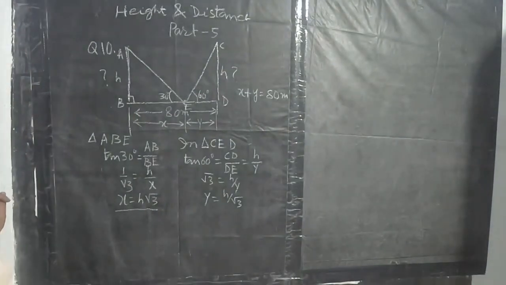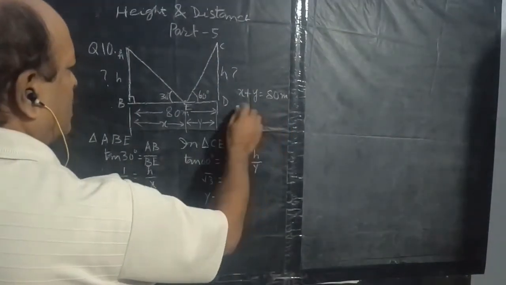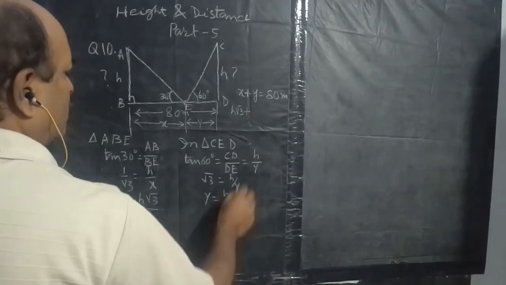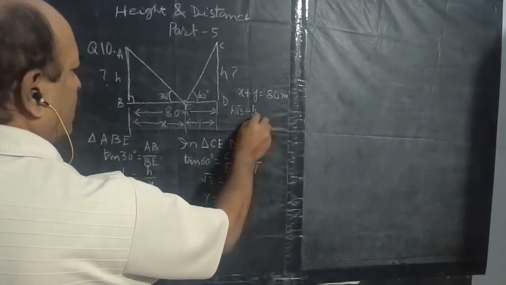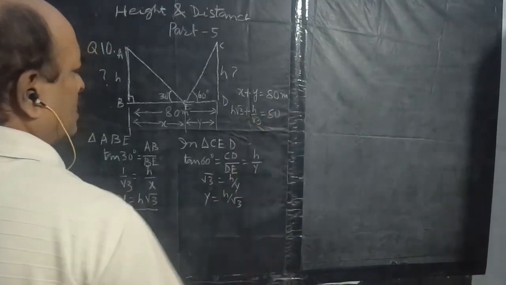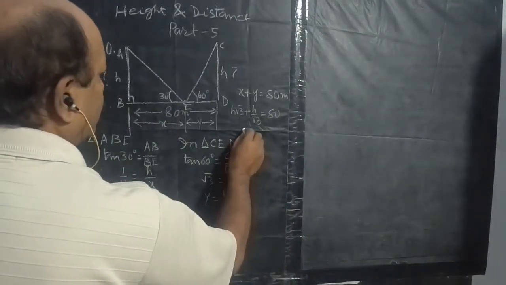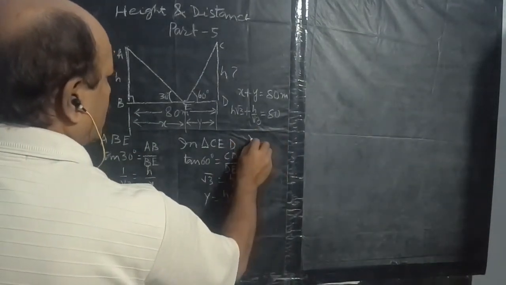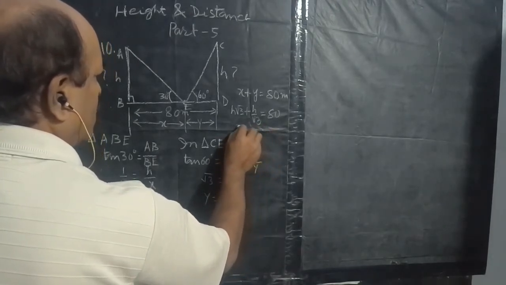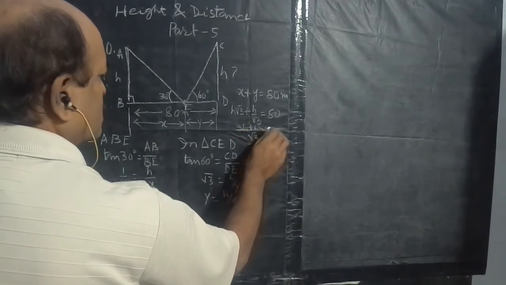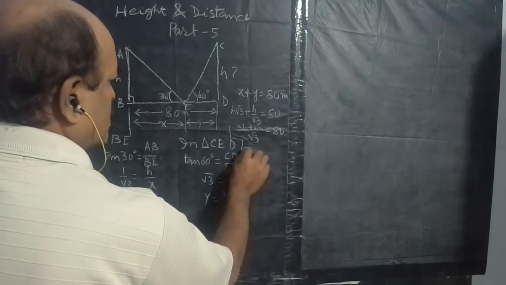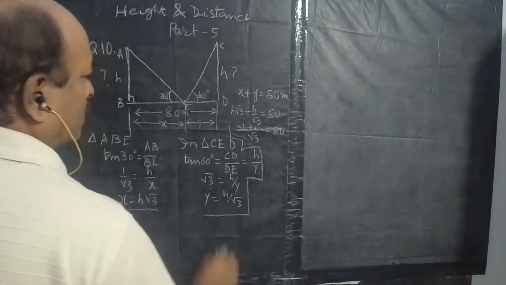Okay. So finally x plus y equal to 80. So x you put H root 3, and this you put H upon root 3. So this is equal to 80. Now the LCM, root 3 is the LCM, and it will be 3h plus h equal to 80.